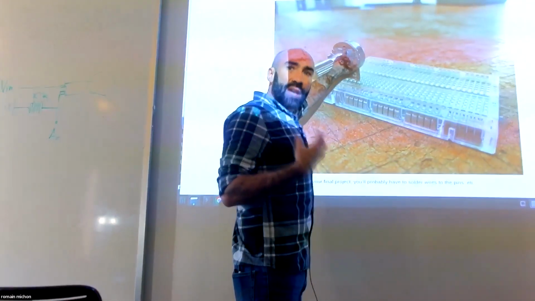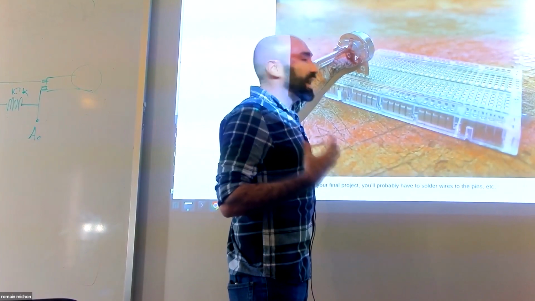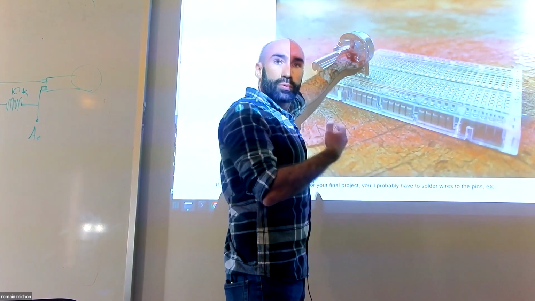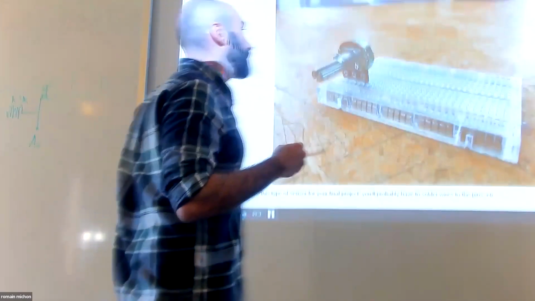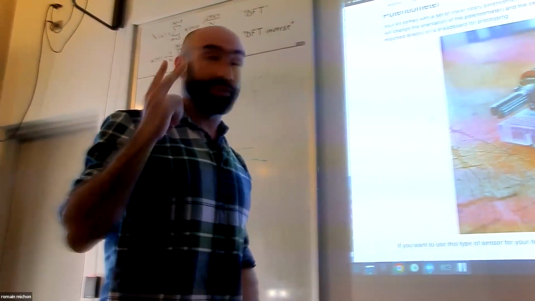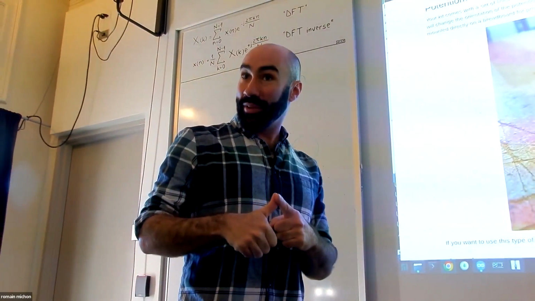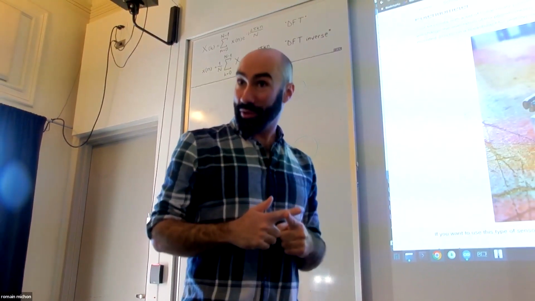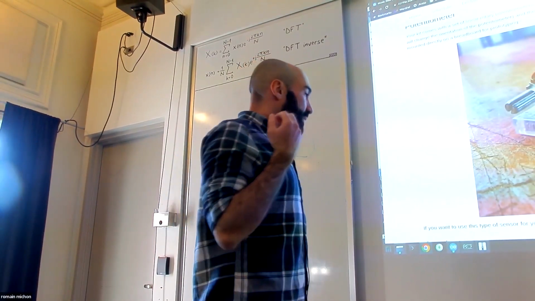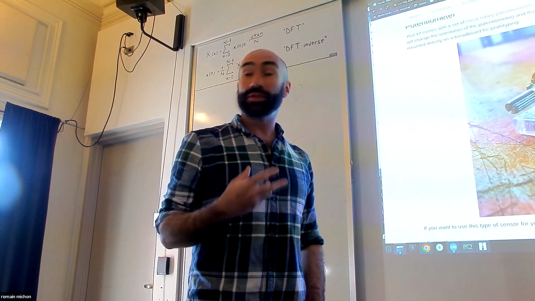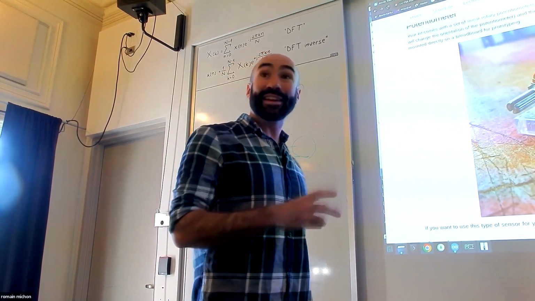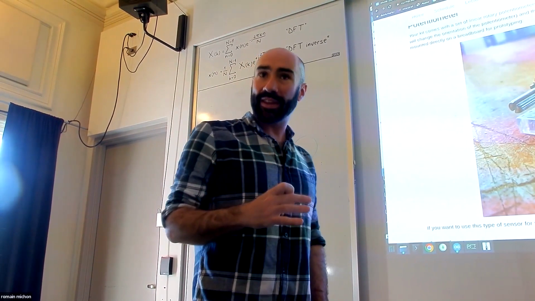The resistance is not really that important, especially the way we use those sensors, but there are two kinds of potentiometers. There are linear potentiometers and there are logarithmic potentiometers, okay? So if you buy other potentiometers, you want to make sure that you buy linear potentiometers and not logarithmic.